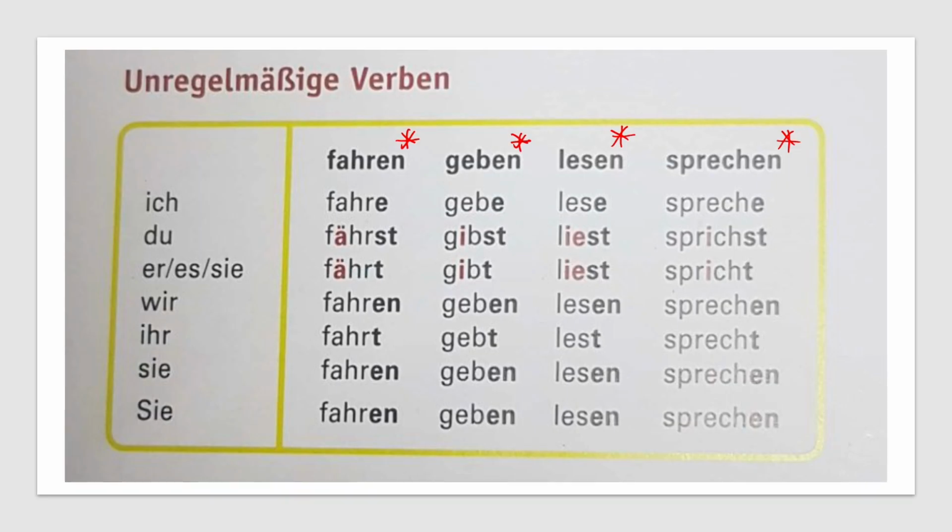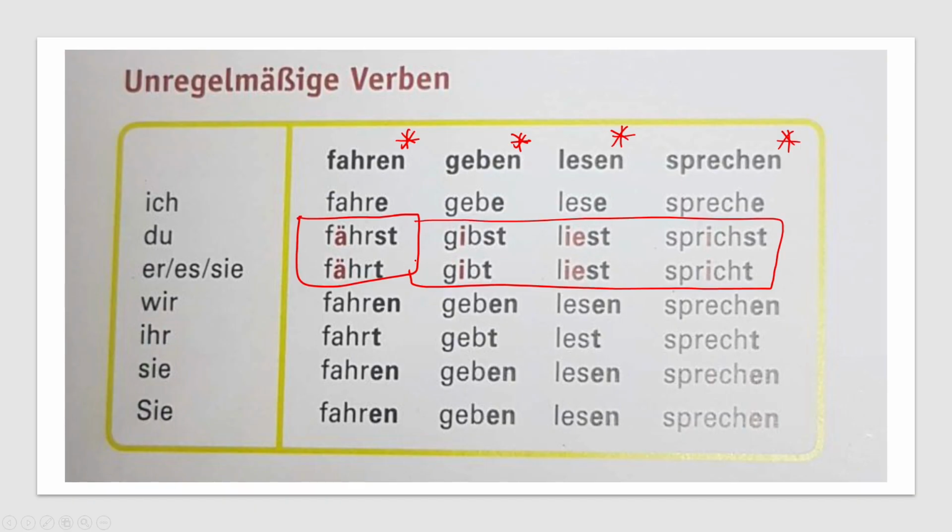And the last slide for today is unregelmäßige Verben. Fahren, geben, lesen, sprechen are the first four. There are several others. I will add two more to this, very important verbs. But this also we have basically done and seen that irregular verbs, this is where the irregularity lies, and it's usually the vowel that is changing.